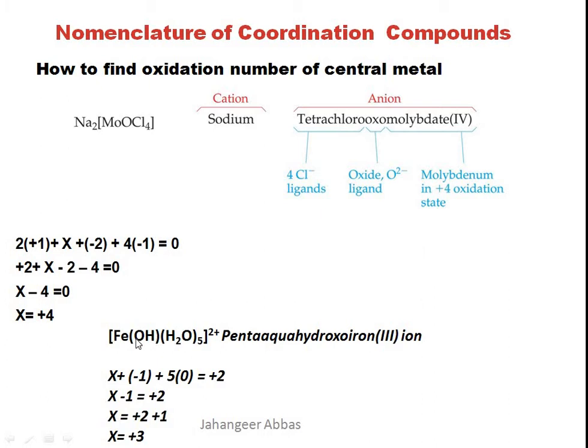There are two types of ligands. Water is named first, aqua, because ligands are named alphabetically. Pentaaqua, hydroxo, ferrate. We have not changed the name of the central metal atom because it is a cationic complex. Only the name of the central metal atom is changed when the complex is anionic.